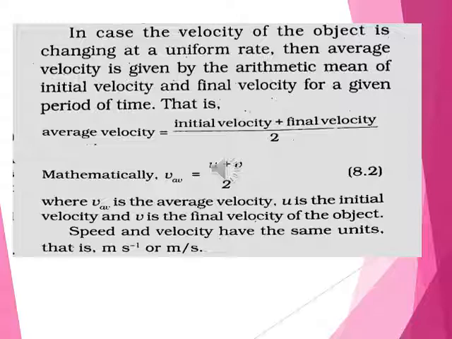So mathematically we will express the average velocity as u plus v upon 2, where u_av is the average velocity, u is the initial velocity and v is the final velocity of the object. The speed and velocity have the same unit, only the difference is velocity means we have to consider the direction and speed means only consider the distance.